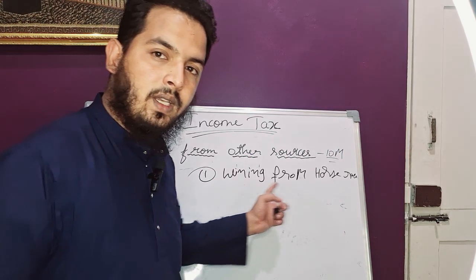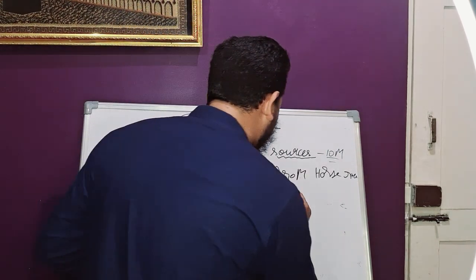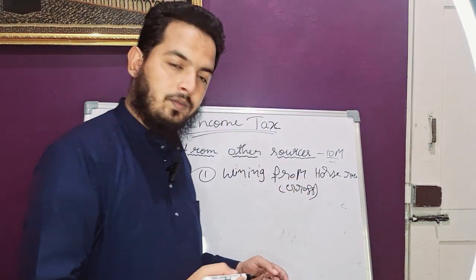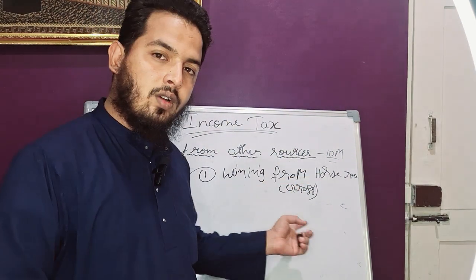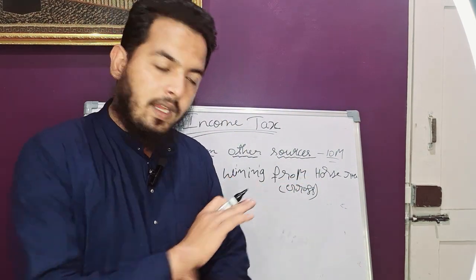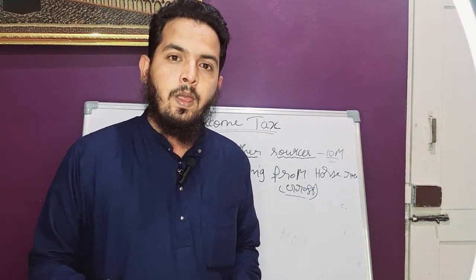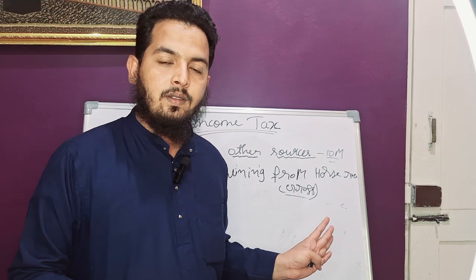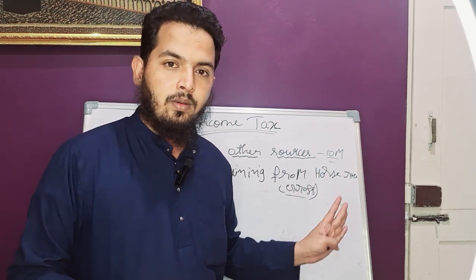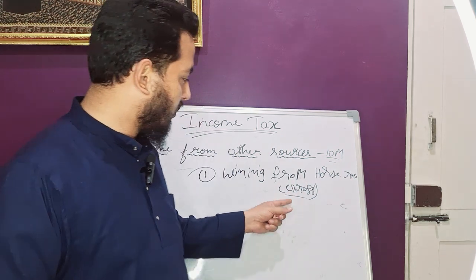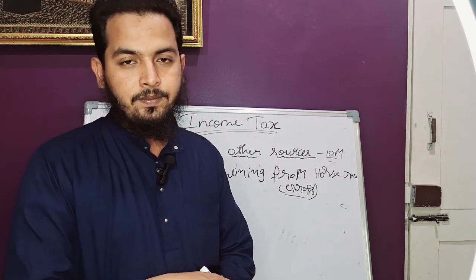They are going to give winning from horse race. In the bracket, they are going to give gross. Winning from horse race, gross rupees 1 lakh. If the word gross is there, need not worry. Whatever the amount they have given, take that as fully taxable. So gross means need not worry.